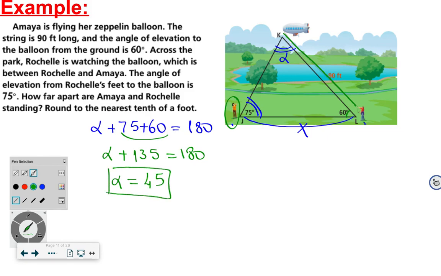I found this angle. Now I need to find the distance between the Amaya and Rachel. How? I am going to use this angle and this side, and this angle and this side, by using law of sine.